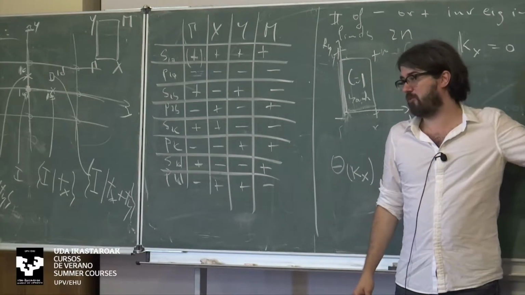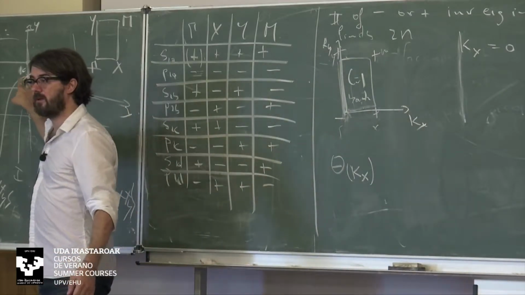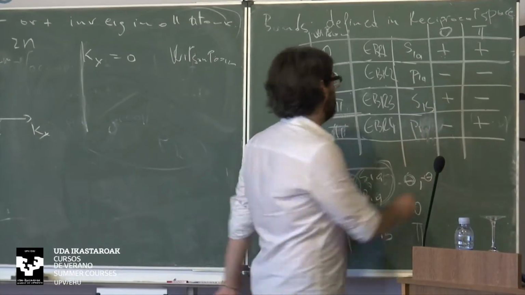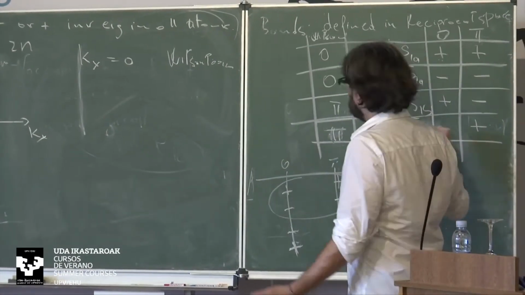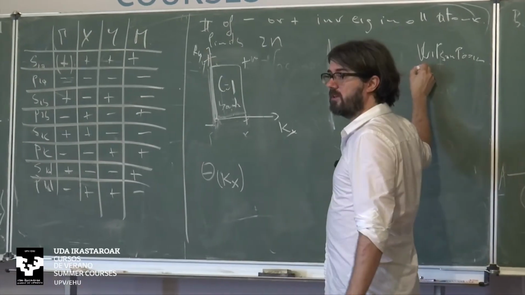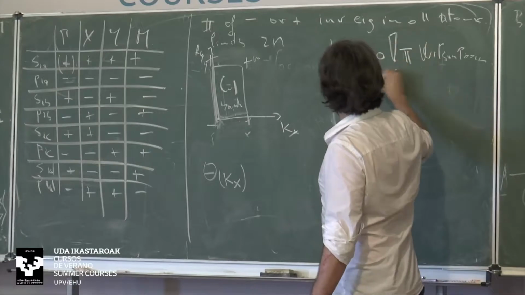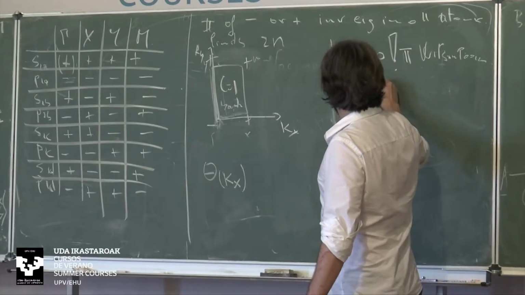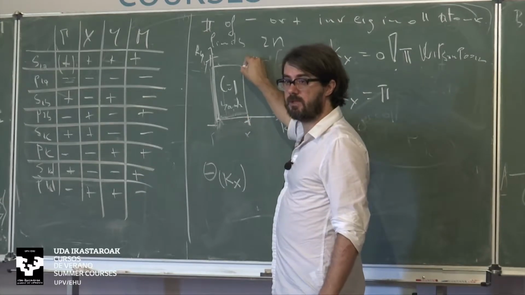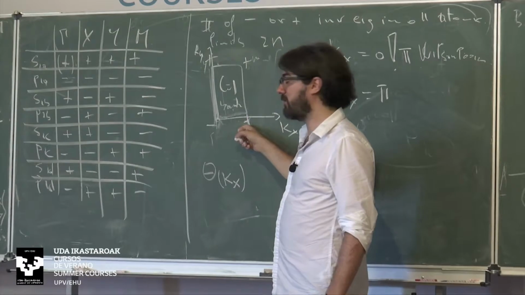It's a p orbital at the Wyckoff position, actually here, even though I said 1b because I was putting it here. It's a 1c. So this is a p orbital at 1c. What's the Wilson loop eigenvalue of it? Pi.